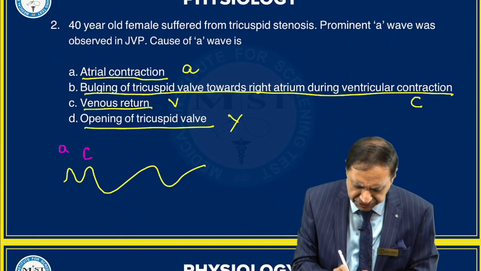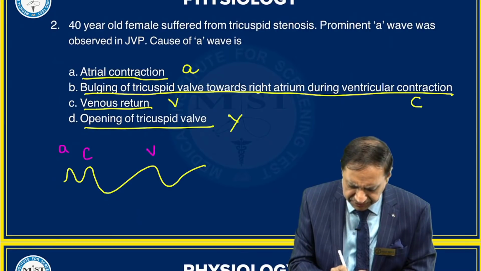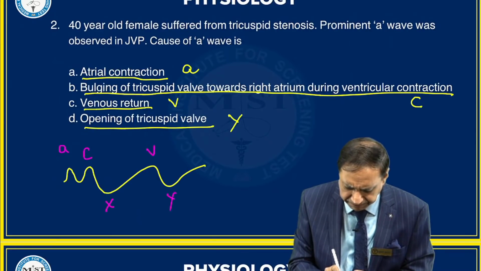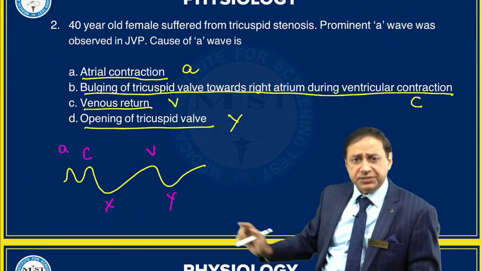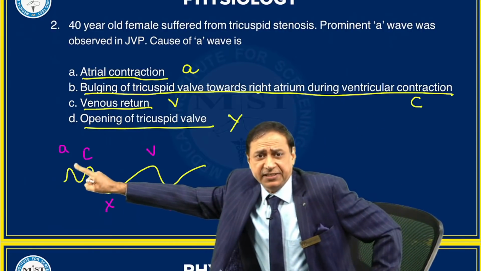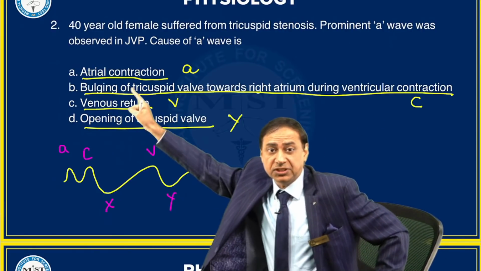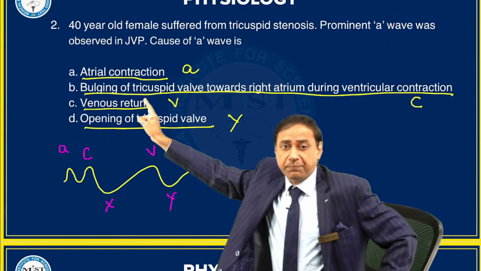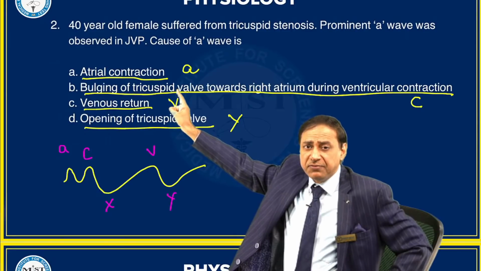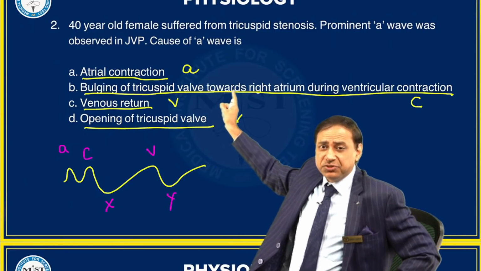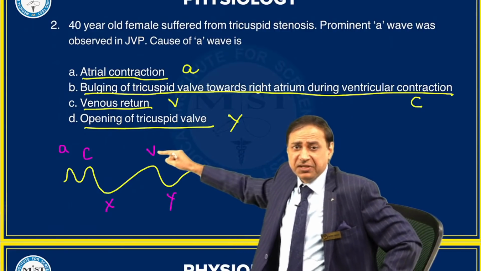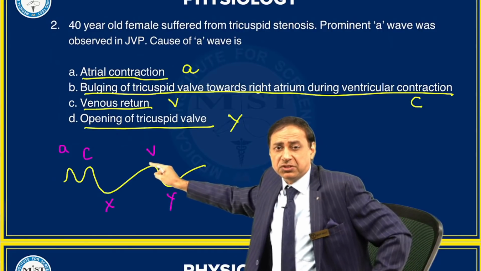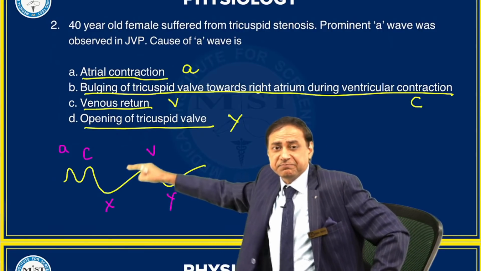A wave is because of atrial contraction. The C wave is because of the bulging of the tricuspid valve towards the right atrium during ventricular contraction. V wave is because of the venous return.